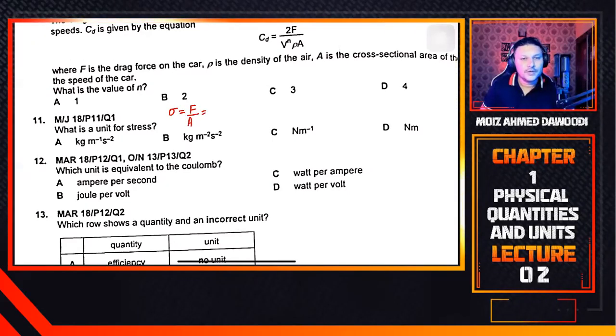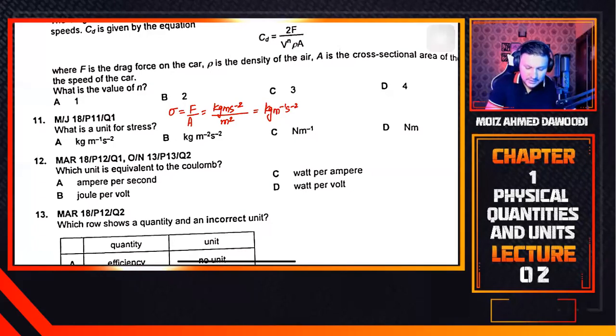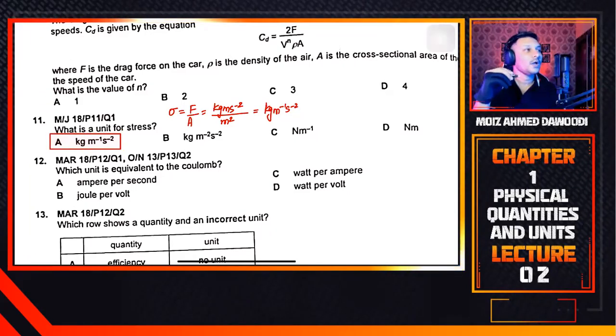It should have the same unit as pressure, because pressure is also force per unit area. So kg m s minus 2 over meter square. So the base unit is kg m minus 1 s minus 2. This is the base unit of stress, similar to the base unit of pressure. This was straightforward, the answer came very easily. Okay?